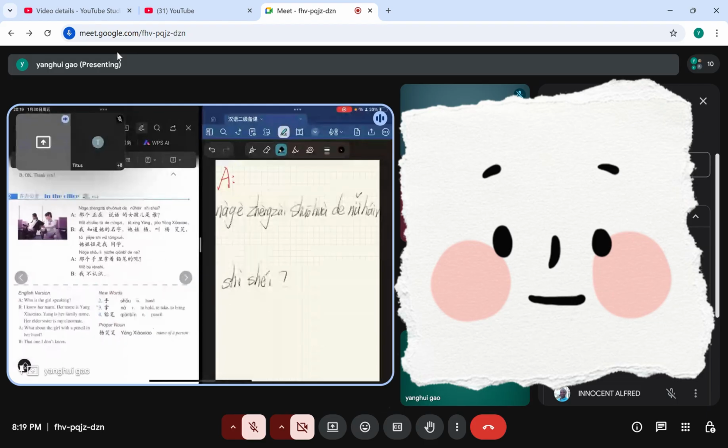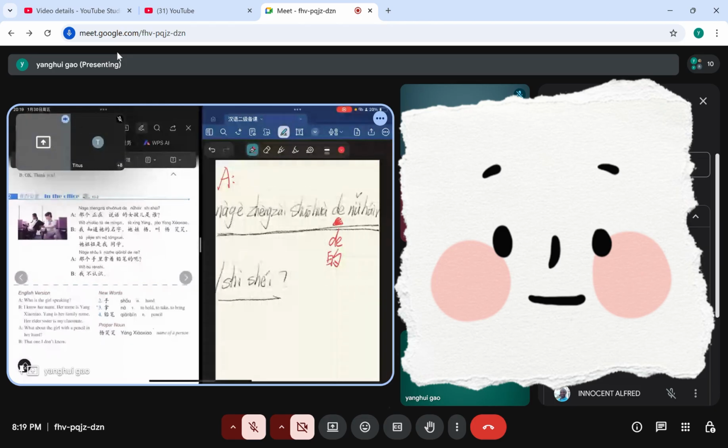So we can divide it into two parts. Let's see the first part, 那个正在说话的女孩. Here we can see a 的. Remember, 的 is a marker of the attribute.